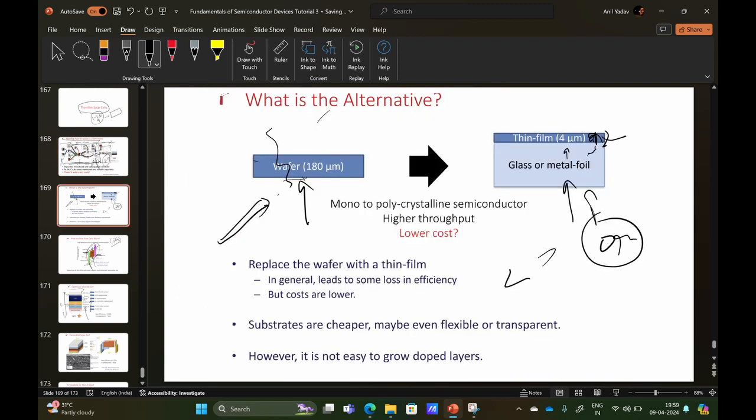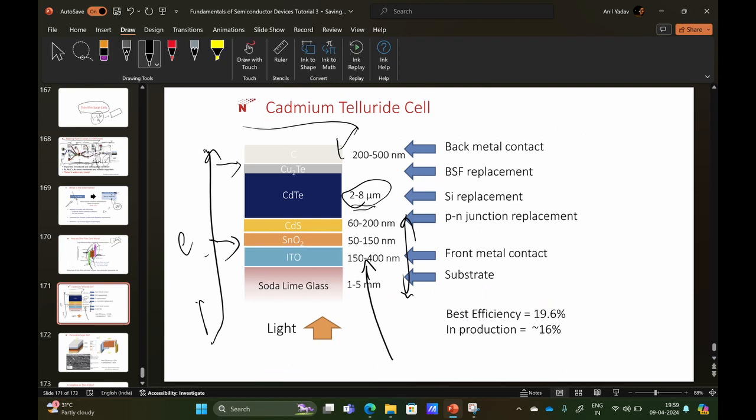silicon wafer. In this case a silicon wafer is not required. We directly deposit these layers over the glass substrate, the glass that we have in our homes. But there is one more problem. To deposit these layers directly takes expensive instruments, like thermal evaporation, e-beam evaporation, epitaxial growth, atomic layer deposition, chemical vapor deposition.